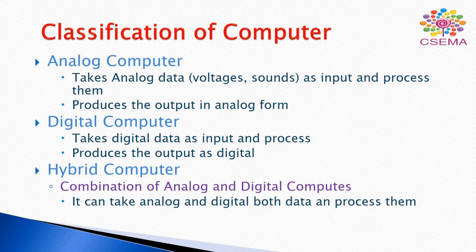So we can say that the hybrid computer is a combination of analog and digital computers. It can easily take both analog and digital data as input, and it can also produce the same types as output, analog data and digital data.